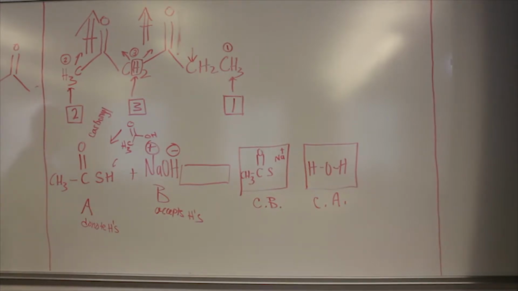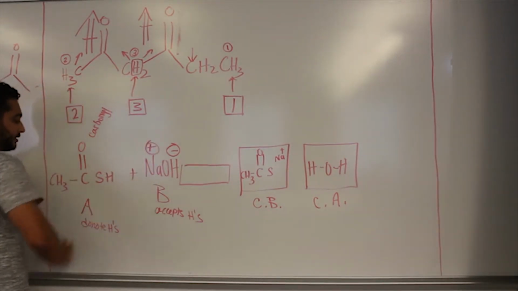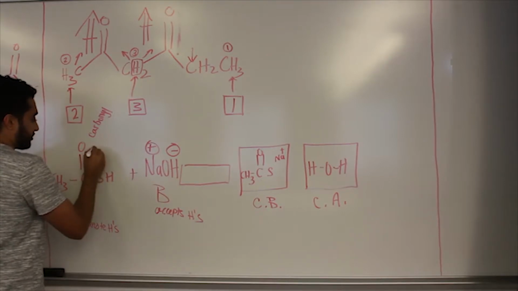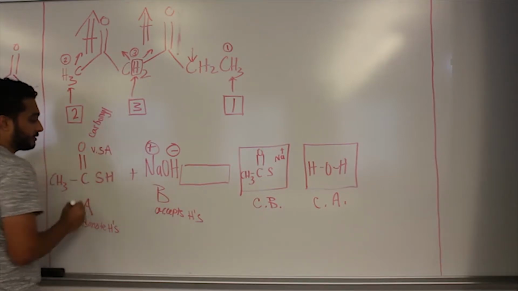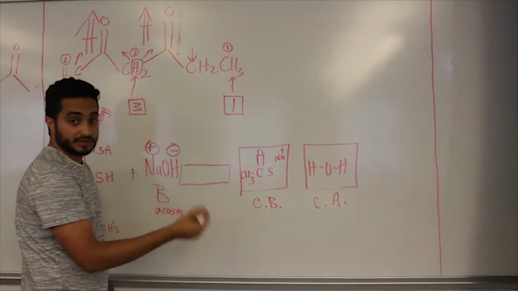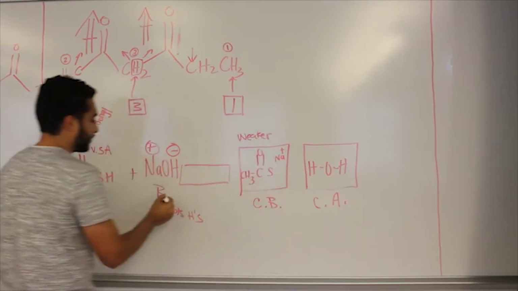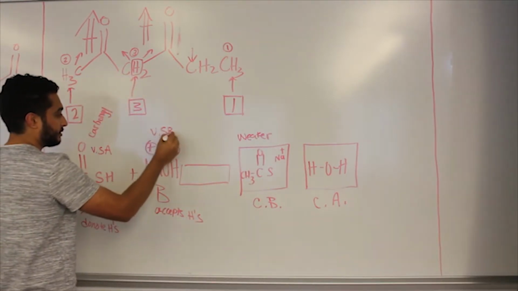It's a little bigger. Yeah, because of size, exactly. So that was just a little side note, but if we know that this is a very strong acid, then this lacking that H is going to be a weaker acid. So this is weaker. And then this we know is a very strong base.